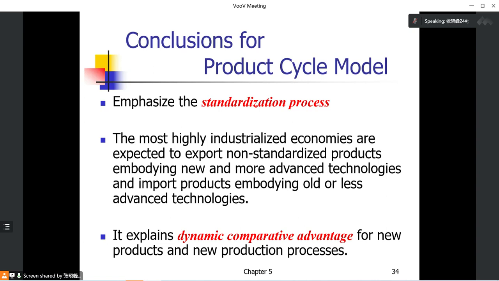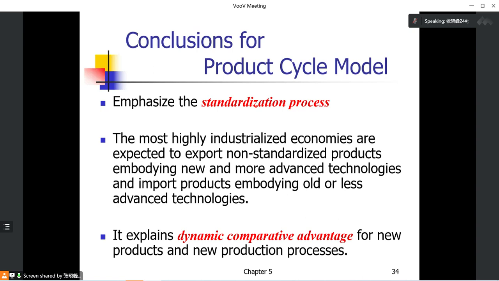The most highly industrialized economies are expected to export non-standardized products, embodying new and more advanced technologies, and import products embodying old or less advanced technologies.